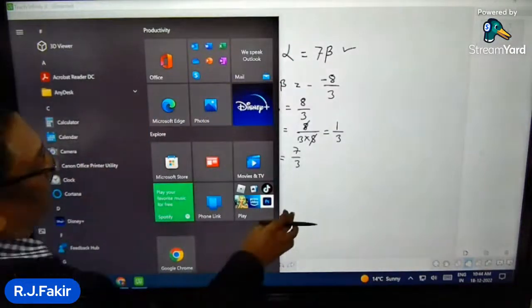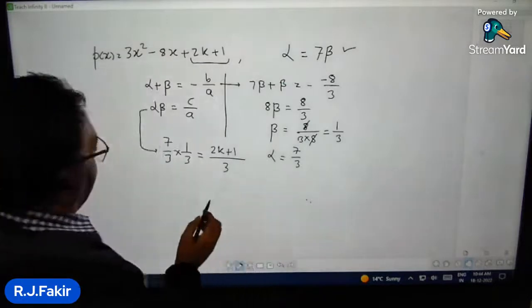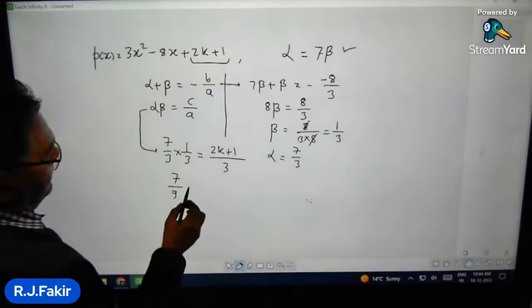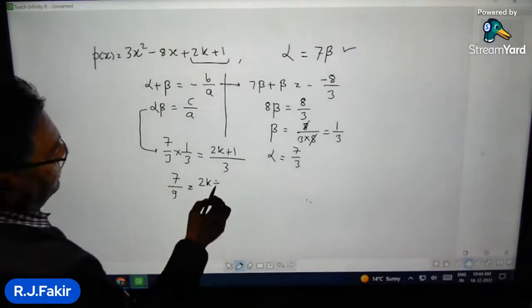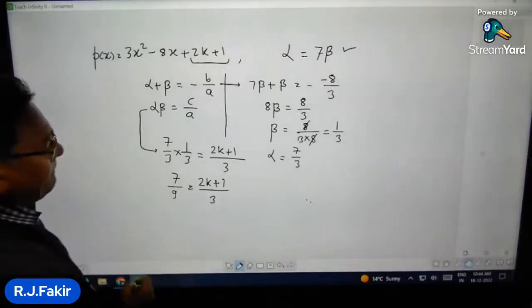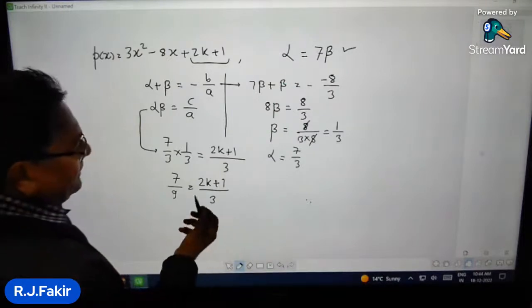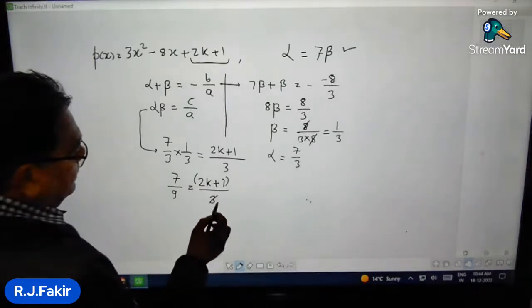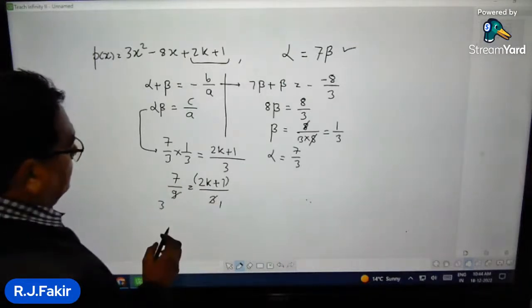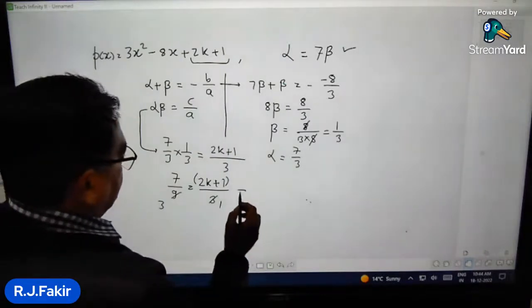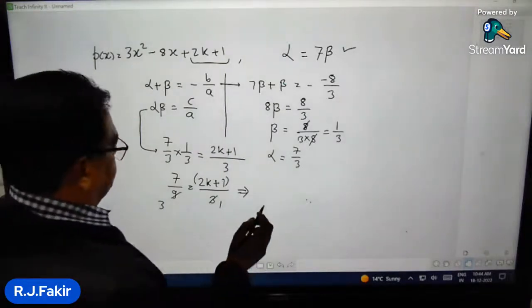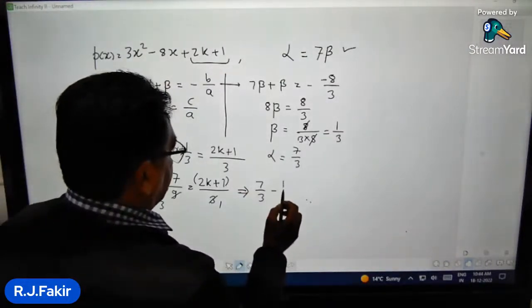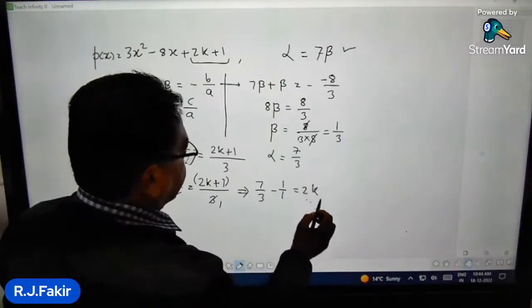So this will be 7 by 9 equals 2k plus 1 by 3. Now by cross multiplication you can solve it. So you can say this 7 by 3 minus 1 is equal to 2k.